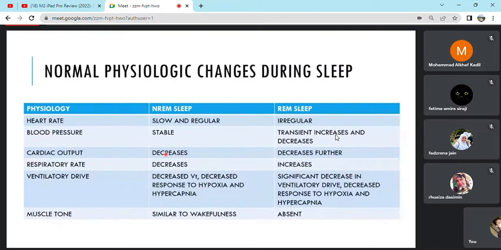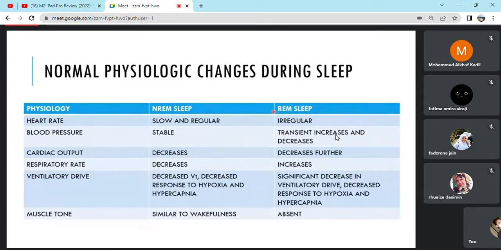Of course, we have mentioned that when you talk about sleep, that's the time that all your muscles are relaxed. So when you talk about your muscles, your heart muscles are also considered muscles. So it's also their time that they will not be moving or performing work so much because you are in a relaxed state, supposedly, when you are sleeping. So it follows that your cardiac output will also decrease in NREM sleep.